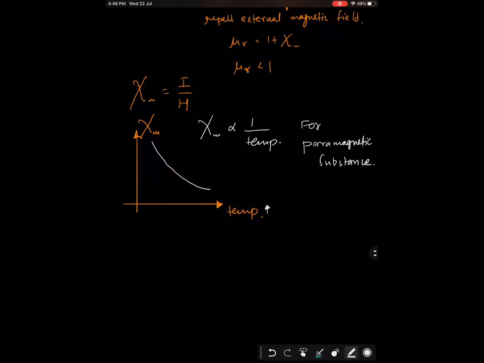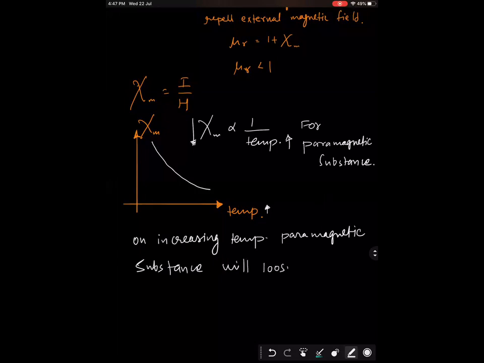It means that when we increase temperature, chi is decreasing, which means that on increasing temperature, a paramagnetic substance will lose its magnetic property. Do you understand that?